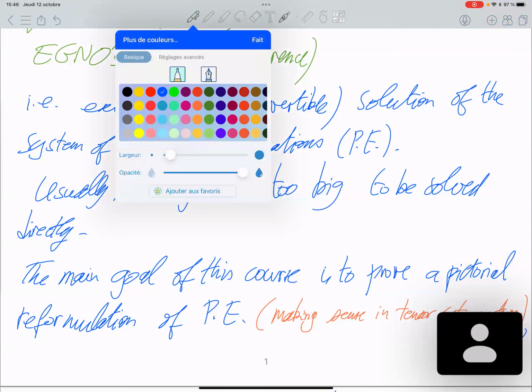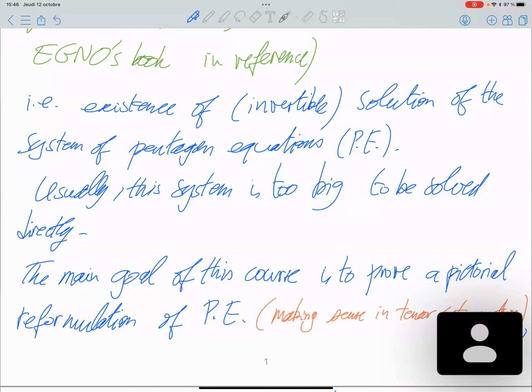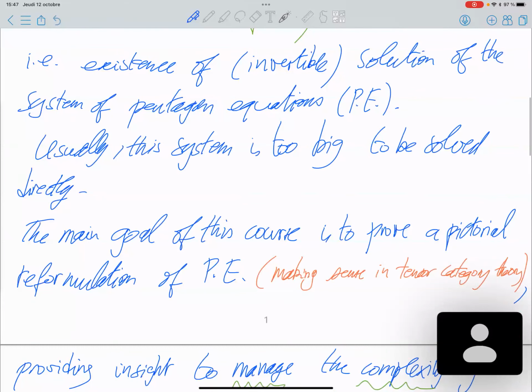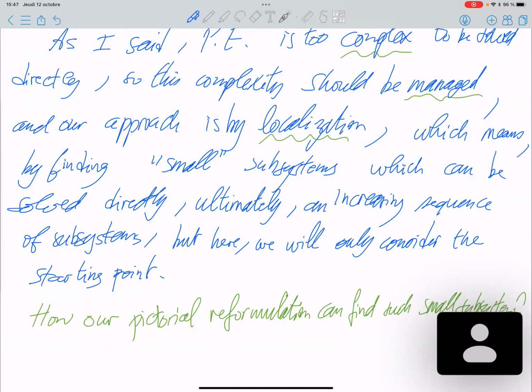So usually in the literature, researchers and mathematicians never consider the Pentagon equation directly, except for very specific cases, such as the pointed case or the near-group case. Otherwise, people never consider it directly because it's too hard to solve.